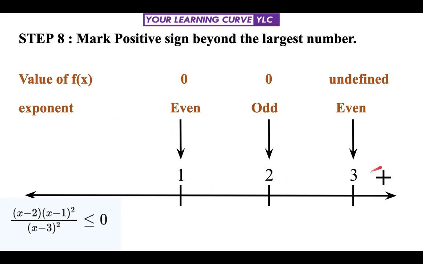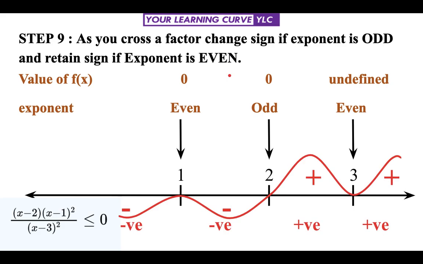Now we will decide the sign of this inequality. We first mark a positive sign beyond the largest number, and then you start marking positive, negative alternately depending on the power involved. For example, we start with positive. When you cross 3, at 3 the function will be either 0 or undefined.